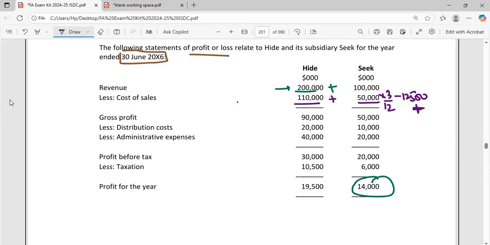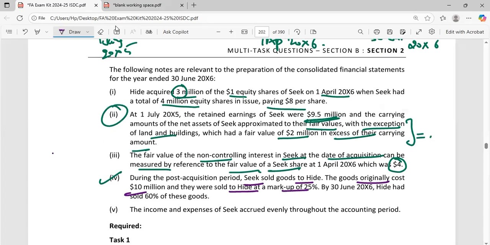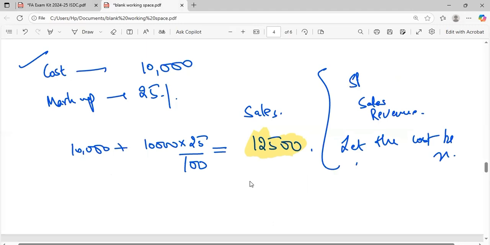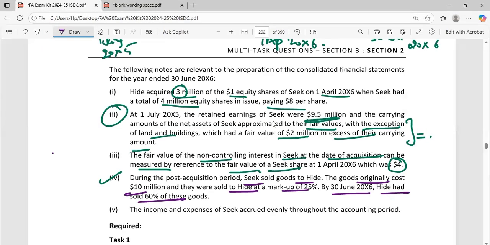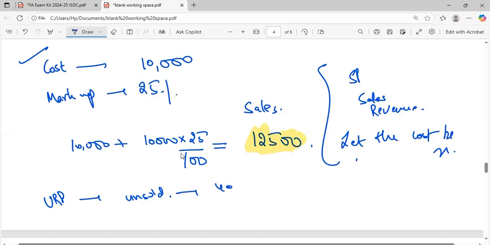Okay. Why do I add this unrealized profit? I add this in order to increase the cost and eliminate the profit. Okay. So what's my unrealized profit? For this, I have to read the question further. By 30 June, Hyde had sold 60% of the goods. So my unrealized profit will arise on the goods which are unsold. So how many goods are sold? 60% are sold. It means 40% are unsold.